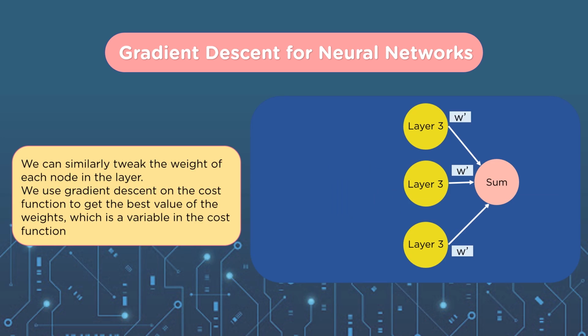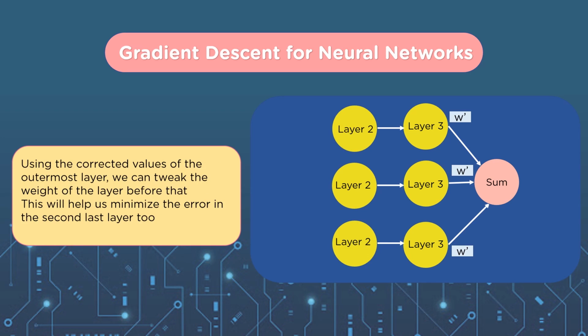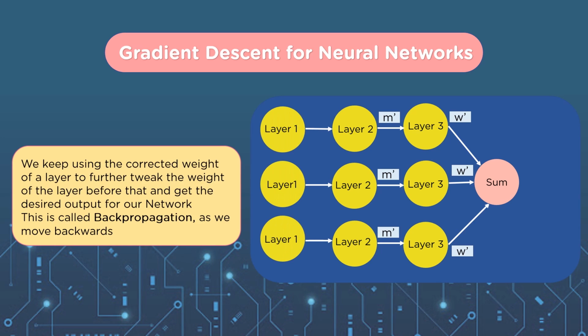We use gradient descent on the cost function to get the best value of the weights, which is a variable in the cost function. Using the corrected values of the outermost layer, we can tweak the weight of the layer before that. This will help us minimize the error in the second last layer too. We keep using the corrected weight of a layer to further tweak the weight of the layer before that and get the desired output from the network. This is called back propagation as we move backwards.